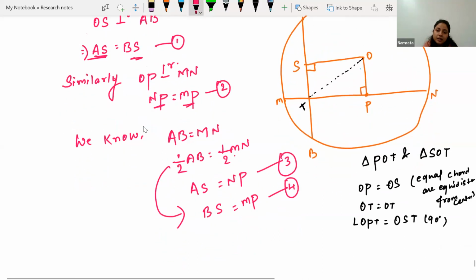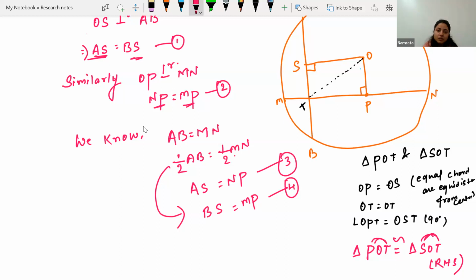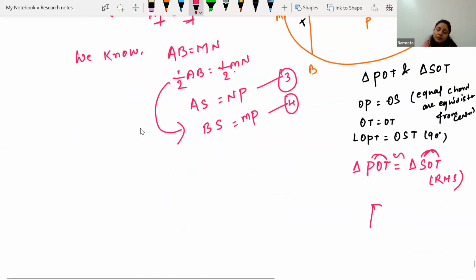We can say by RHS congruency criteria, triangle POT is congruent with triangle SOT. From here, can we say that PT equals ST by CPCT? Yes, we can say that. Is it clear so far?